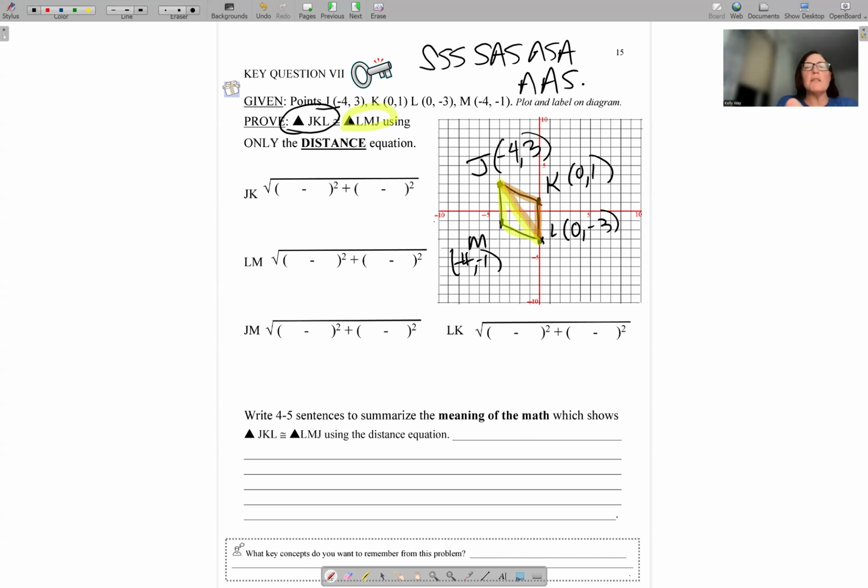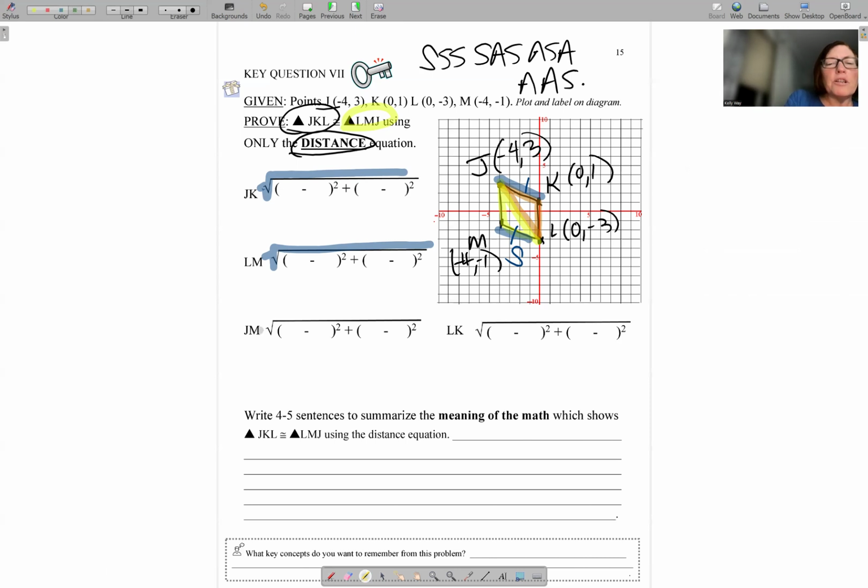This one says I only want you using the distance equation. So you find the distance of JK and the distance of LM. If you've done this correctly, those two distances are going to be of equal measure. That would give you a side.